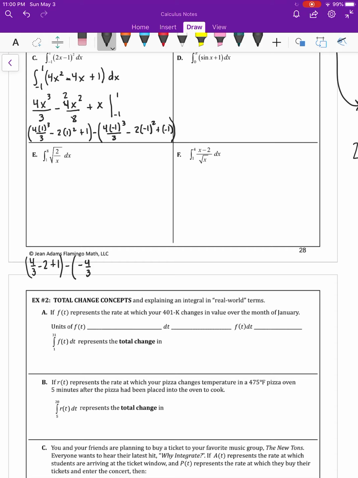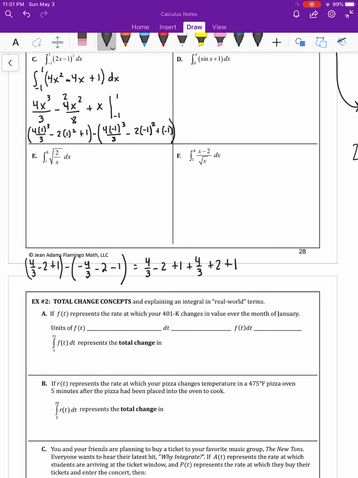So this is going to be 4/3 minus 2 plus 1 minus, this is going to be negative 4/3 minus 2 minus 1. So I've got 4/3 minus 2 plus 1 plus 4/3 plus 2 plus 1.